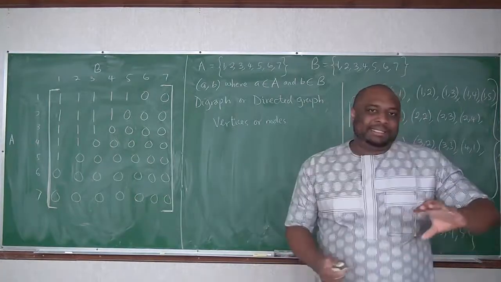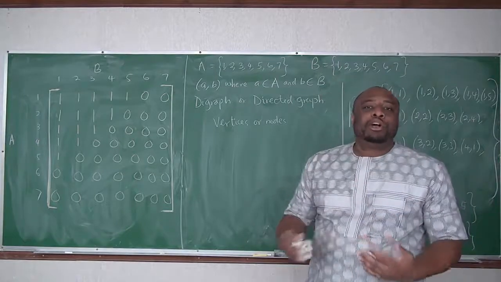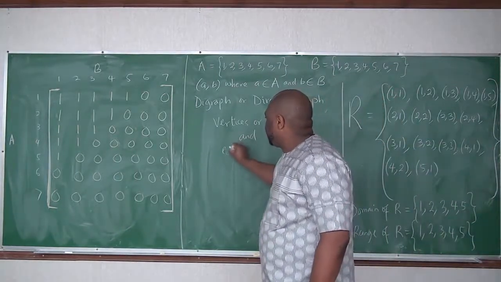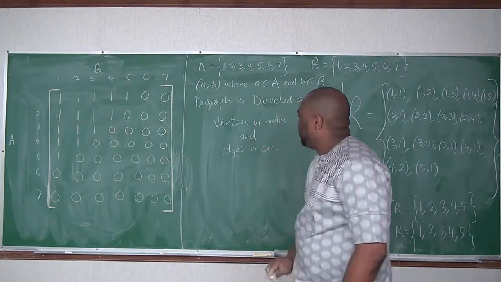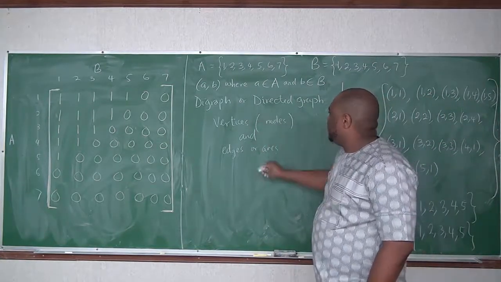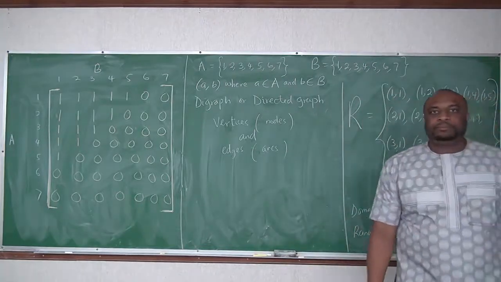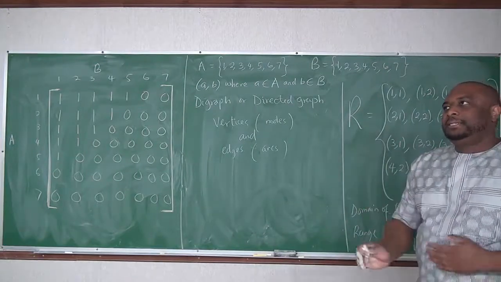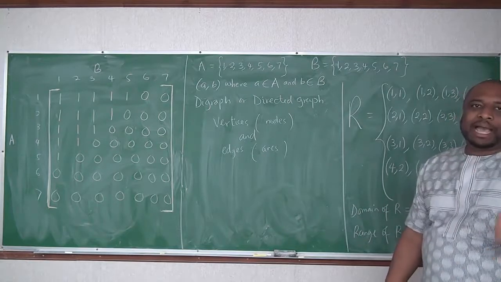It consists of vertices, which we also call nodes, and edges, which we call arcs. So it has vertices and it has edges, or it has nodes and it has arcs.